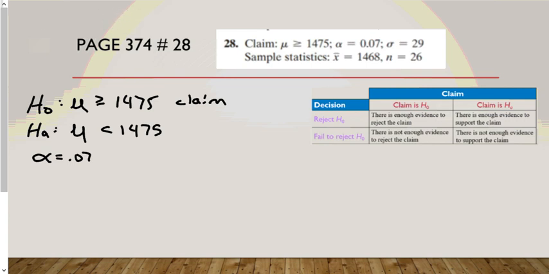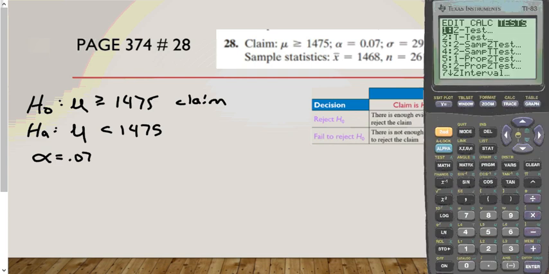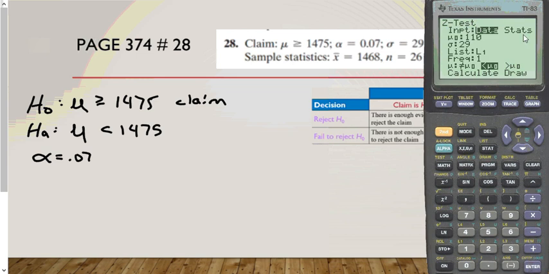But let's get back to our calculator here, and we're going to use a z-test. So in tests, just hit number 1. We're going to make sure this is over on stats, so go over there, hit enter, because we are given our summary statistics. And now we're just going to put in 1475 as the null hypothesis. Our standard deviation is 29.